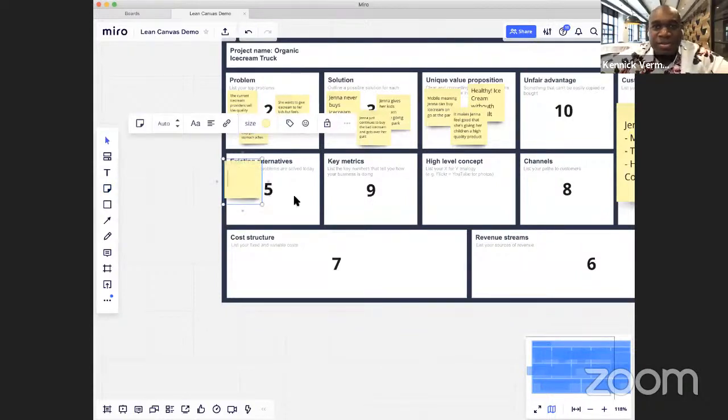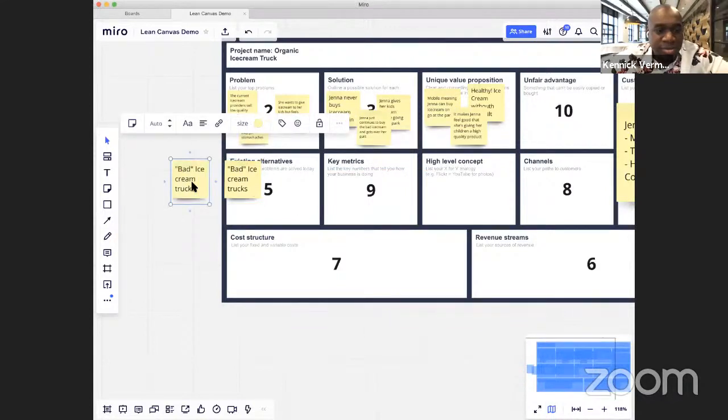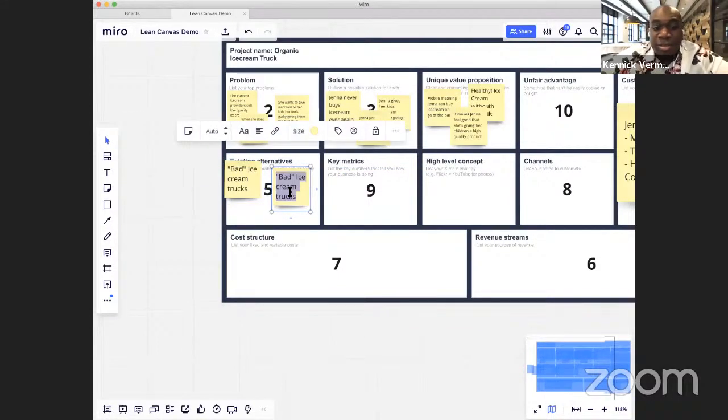Existing alternatives could also be your competitors, which is the bad ice cream trucks. Existing alternatives are small organic ice cream containers.